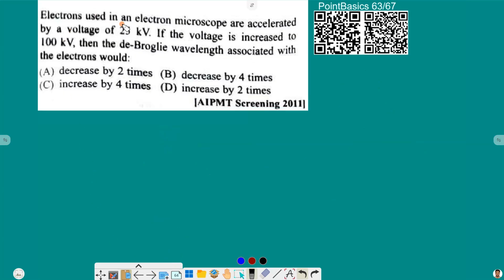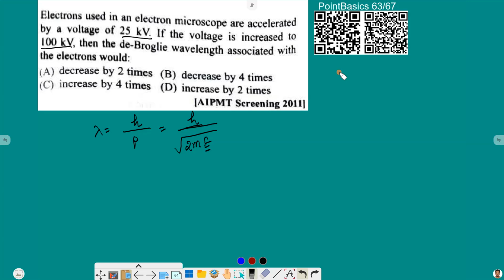For the next one, electrons used in an electron microscope are accelerated by a voltage of 25 kilovolt. The voltage is increased to 100 kilovolt. The de Broglie wavelength associated changes by? So we know that lambda is h by p, and p is momentum, and it can be written as under root 2mE, where E is energy, not electric field, it is energy.